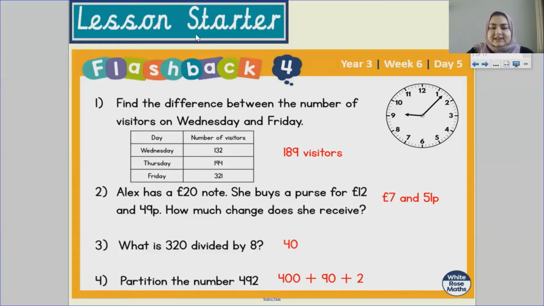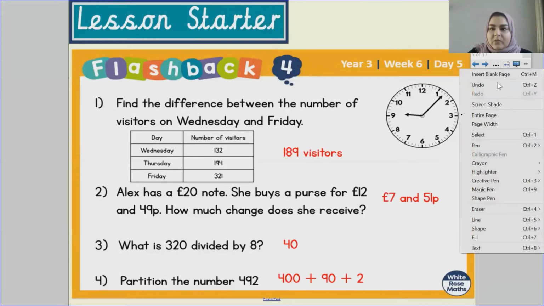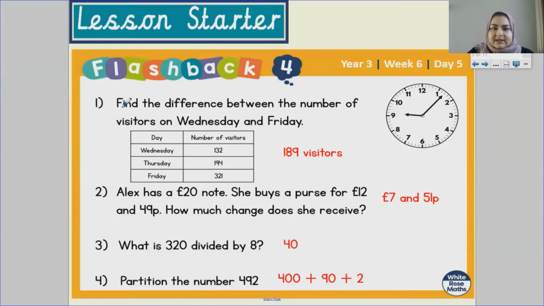Okay, fantastic. So here are the answers for you. Number one says, find the difference between the number of visitors on Wednesday and Friday. So you need to work out what find the difference means. Find the difference means take away, so it means minus.